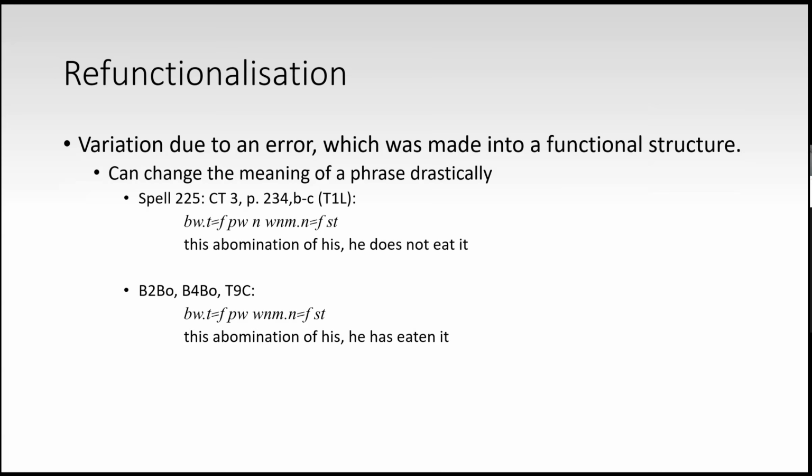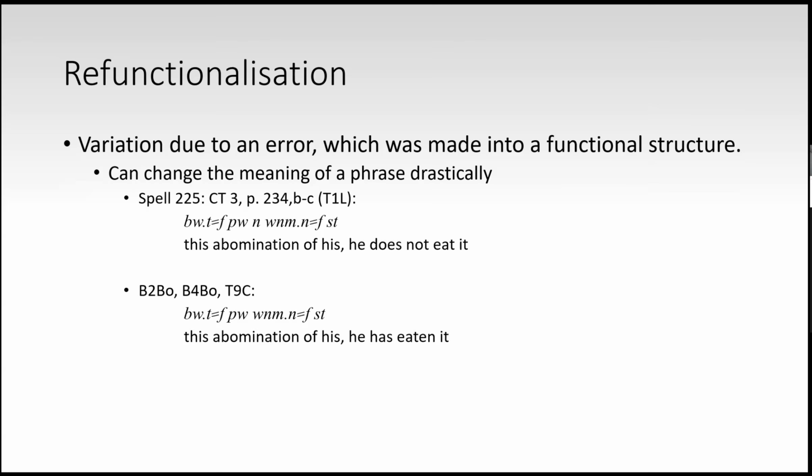However, in a few versions, the negative n dropped out, which means that it suddenly becomes a positive text. Now, I have to mention here that the phrase I wrote down is actually not occurring in one of the coffins, because all of them used different subjects or a different verb form, but I reconstructed this in the same format as T1L, simply to show you what happens.